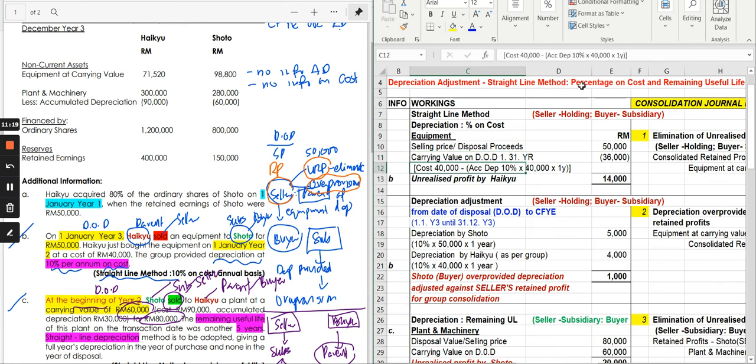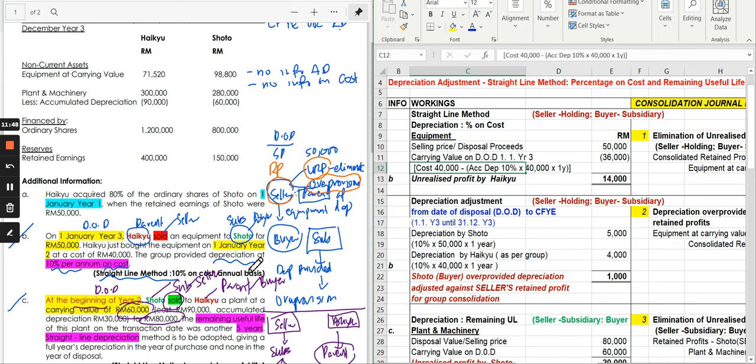It was purchased on 1st of January year 2. That was the date of purchase. So to find the carrying value, take the cost, which is the cost on the date of purchase.